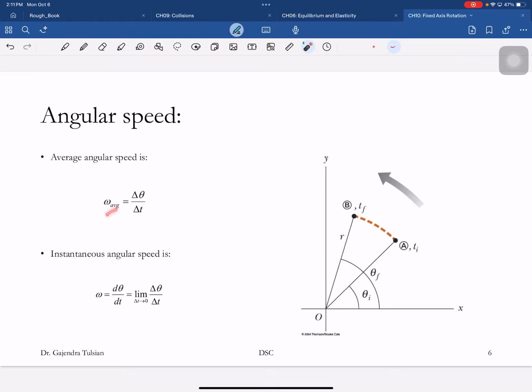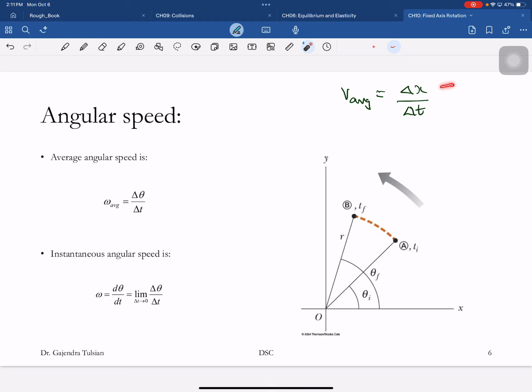The average angular speed is the angle through which you rotated over the time over which you rotated. This is just the parallel of average speed, displacement over time. Any formula that you see, there is a corresponding formula that you learned less than a month ago.